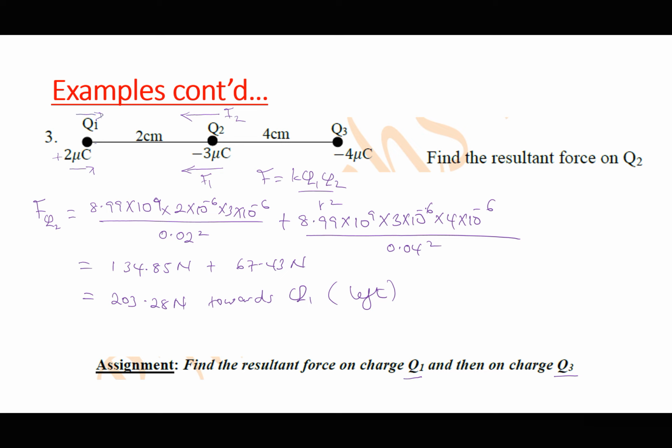So the resultant force is going to be F1 and F2 to the right. If I consider Q3, Q2 will repel it to the right, yet Q1 will attract it to the left. So the resultant force will be the difference between these two values. As an assignment, you should be able to calculate Q1 and Q3.